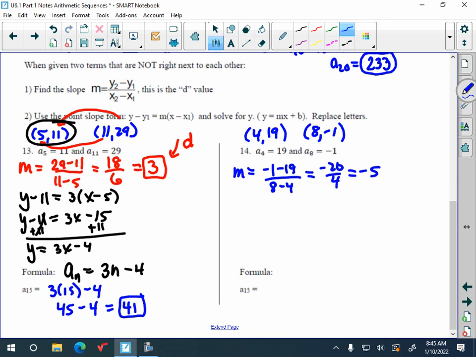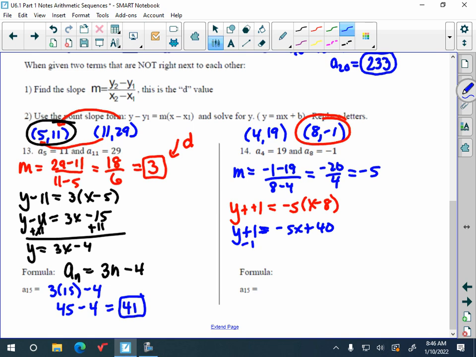All right, so we have the slope. Now we're going to pick one of the 2 points. Again, it doesn't matter which one you use. Here I'll just use 8, negative 1. So this is the point slope form that we're using now. So y minus negative 1 equals negative 5, which is the slope, times (x minus 8). We have a double negative there. We'll distribute. Negative 5x plus 40.